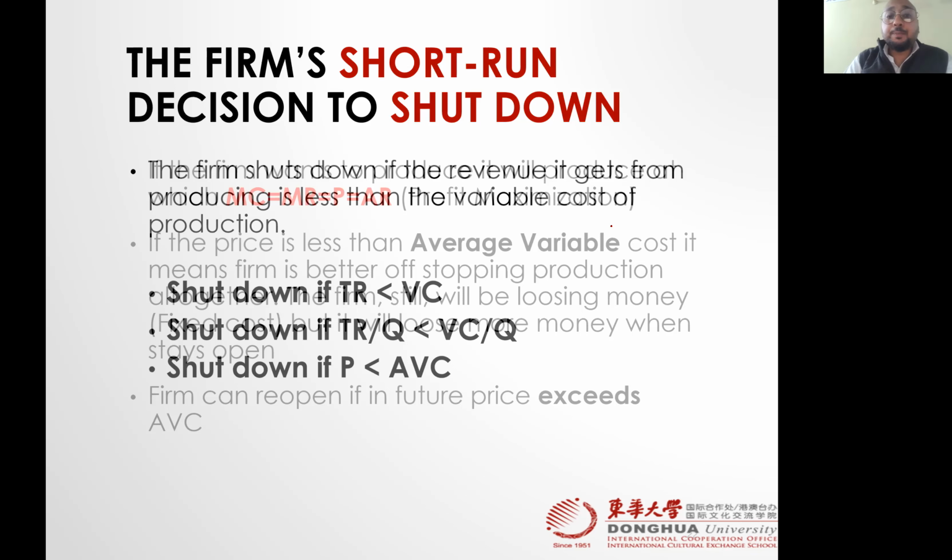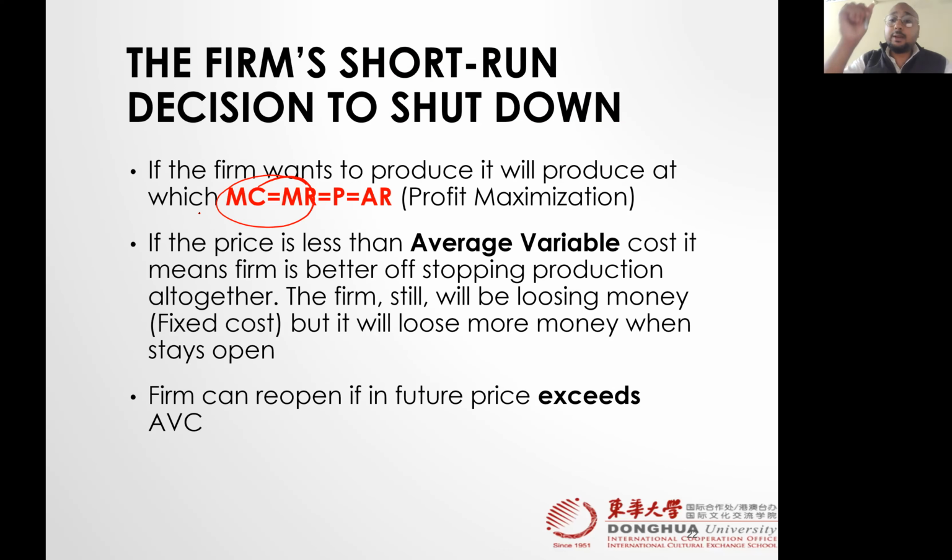Remember, if the firm wants to produce, it will produce where MC is equal to MR. And if price is less than the average variable cost, the firm is better off stopping production altogether. Why? Because if they close down, that doesn't mean they are not incurring any cost.